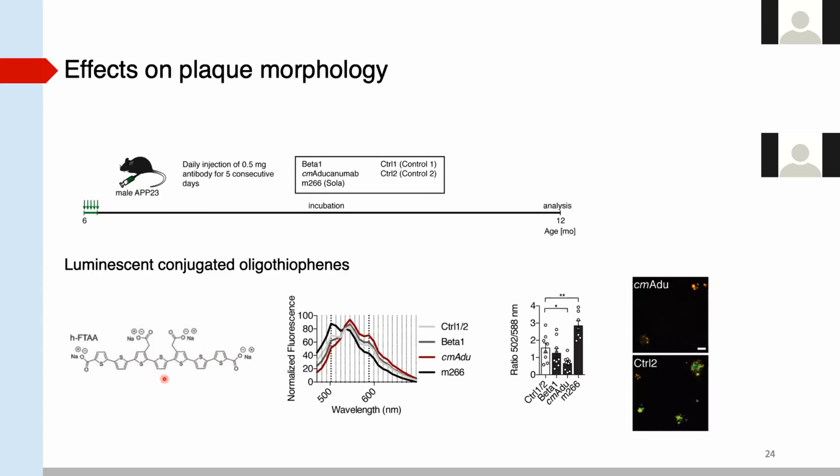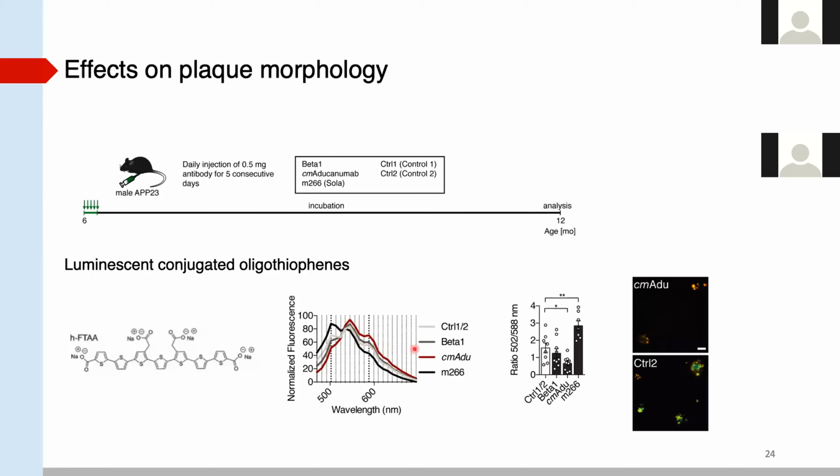In our study, we used 2 different dyes. One is QTAA, which has an emission peak of 502 nanometers, shown here, and HTAA, which you see on the left side, with an emission peak at around 588 nanometers. And these are the emission spectra of the antibody treatments. You can already see that M266 and ADO look a little bit different than control and beta 1.